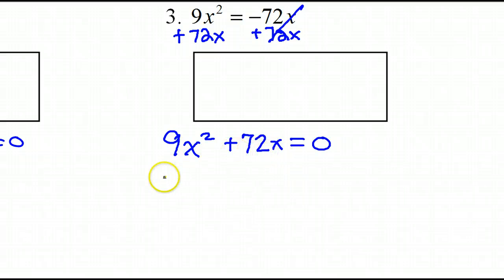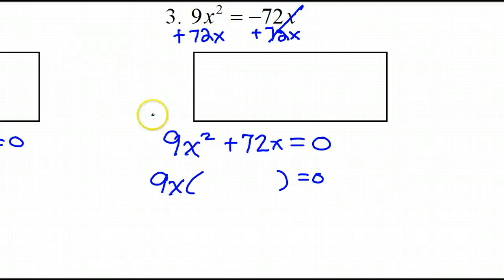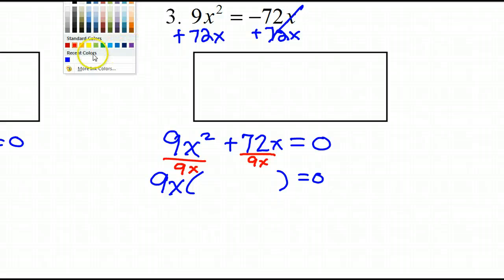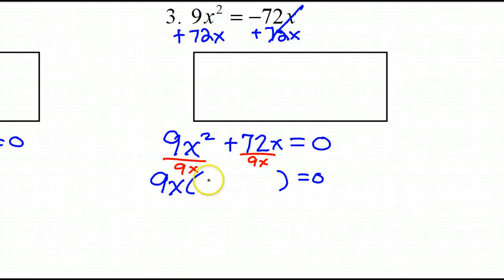So if I pull out 9x as my GCF, then I'm going to divide everything by 9x to see what's going to go on the inside here, and that's going to give me x plus 8.